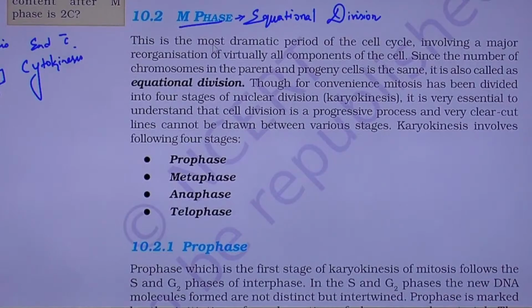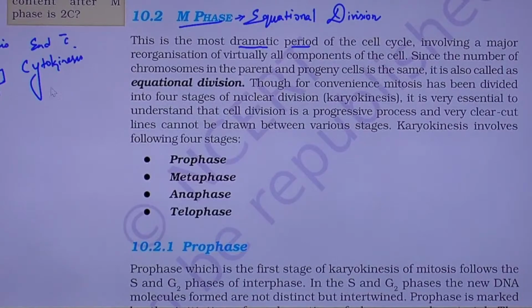This is the most dramatic period of the cell cycle. The mitosis phase is dramatic because it has 4 phases, involving a major reorganization of virtually all components of the cell, since the number of chromosomes in the parent and progeny cells is the same.